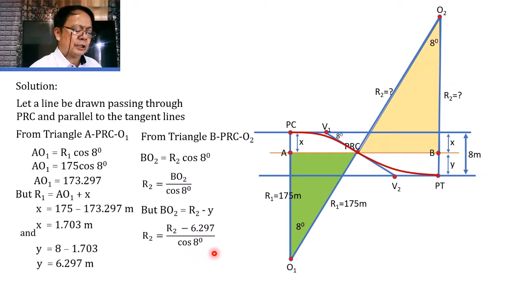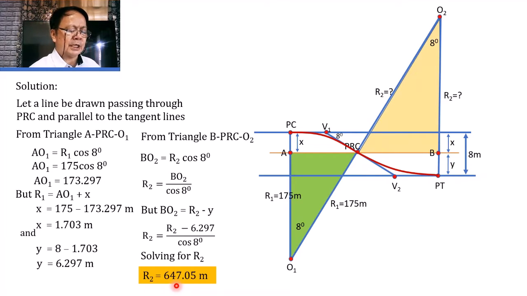And so you have here a simple equation involving R sub 2. So from here we can solve for R sub 2 to be equal to 647.05 meters.